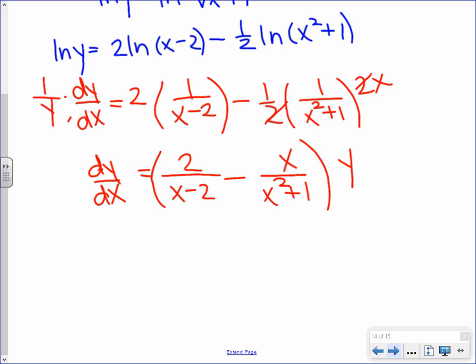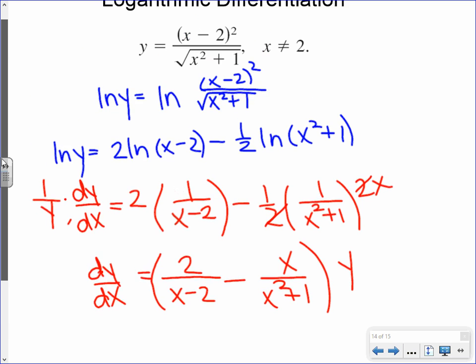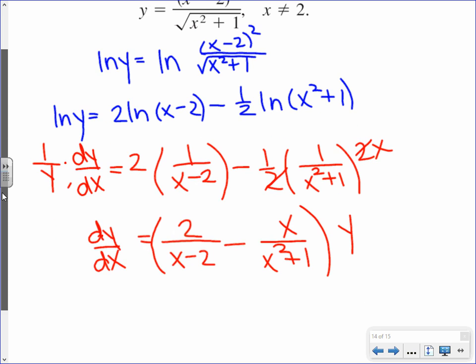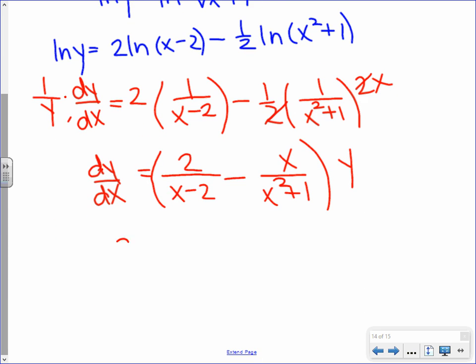No. Really? First of all, I'm not okay with you leaving y. Why? What kind of equation did we start out with? Implicit or explicit? It's explicit. We made it implicit to make our derivative easier. So I expect that your derivative is also going to be explicit.